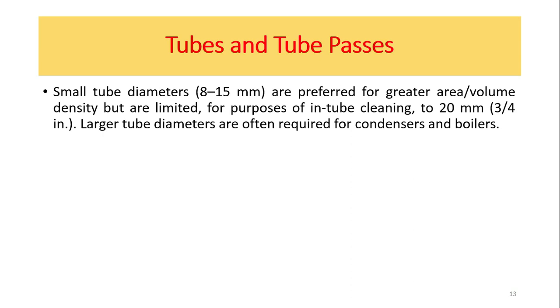And you have seen in the previous lectures that fouling results in a smaller passage of the fluid inside the tube. So that's why we have to use tubes that are easier to clean. If we use larger diameter tubes, that would be easy for cleaning purposes.